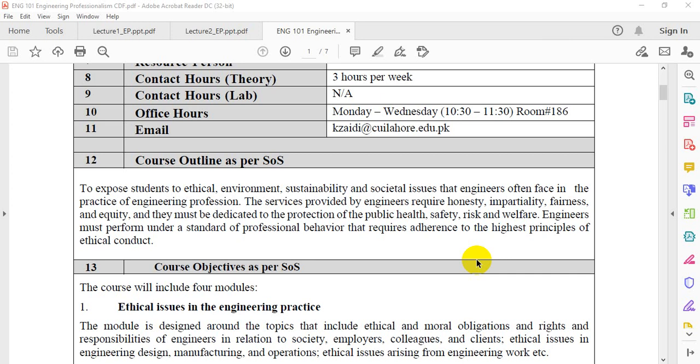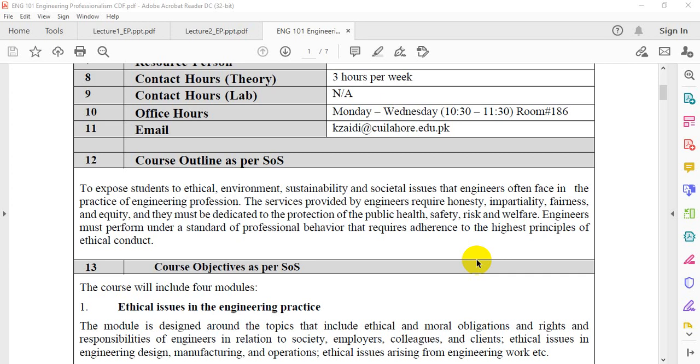So you can gather some of the aspects here of what we're going to cover in this course. We're mainly talking about the ethics, the environment, the sustainability, the health, the safety and welfare of the people, and they must be dedicated to the protection of the public health, safety, risk and welfare. These are all the keywords you can see right away in the course outline as per SOS.